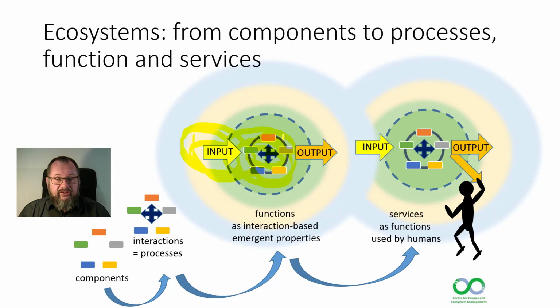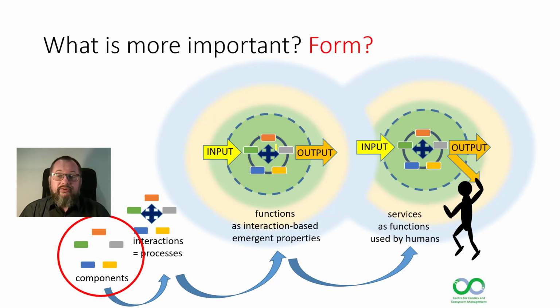And when this system is really working with the resources and the energy, there is the production of services that can be used or that are crucial for the maintenance of certain components, such as the humans that use ecosystem functions and call them ecosystem services, by harvesting certain outputs produced by the system.